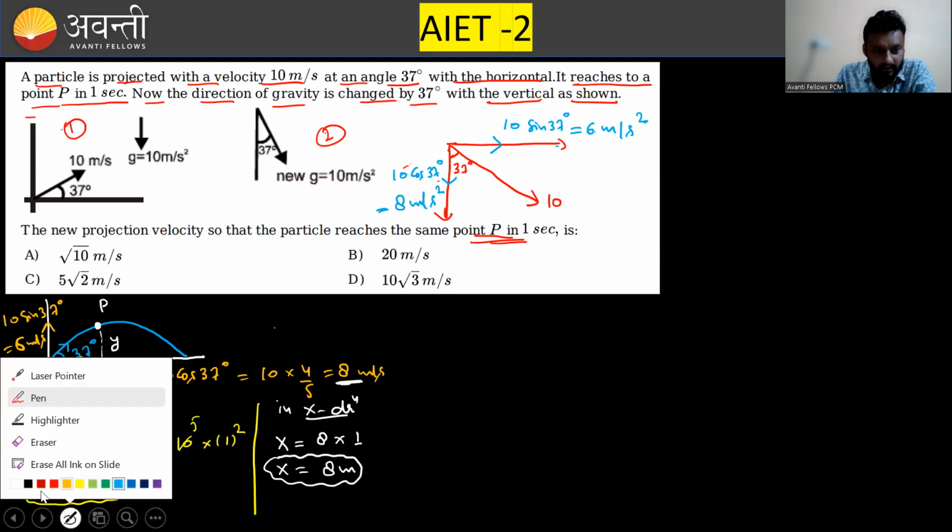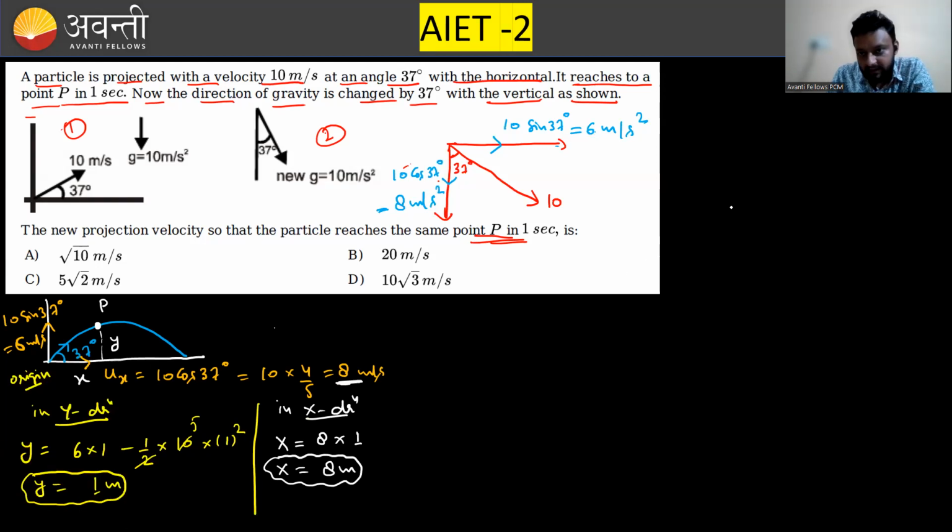Again, the particle is projected. Let's suppose this is x, this is y. Let's suppose the particle is projected with some velocity u at an angle theta. So we need to find out the velocity.